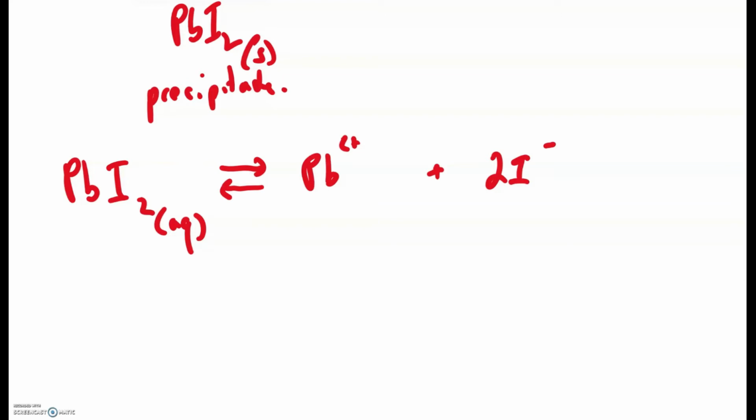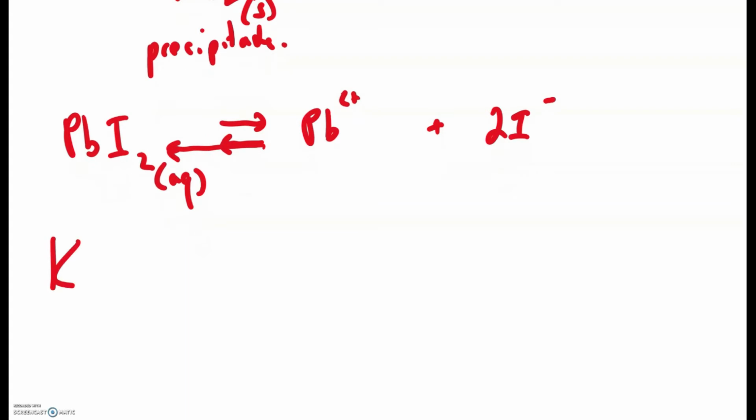And in fact, we might say that it stays in its precipitate form way better than it stays in its dissociated form. That means that we could write an equilibrium expression, what we'll call the K for solubility, and we're going to call this solubility product, the constant for solubility product.